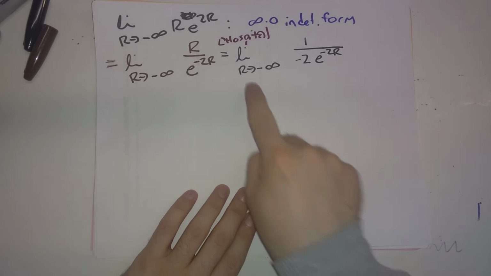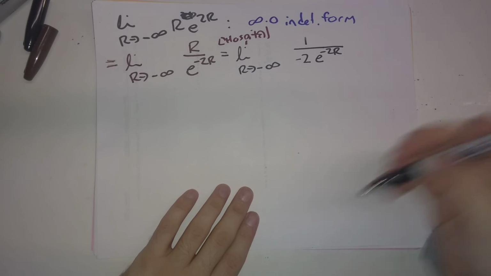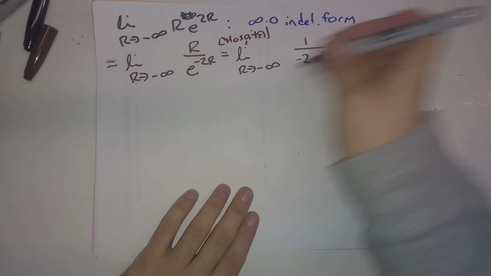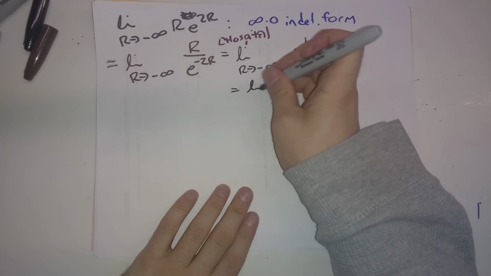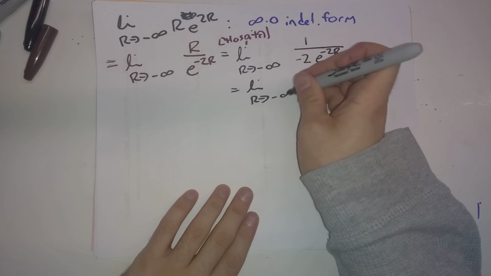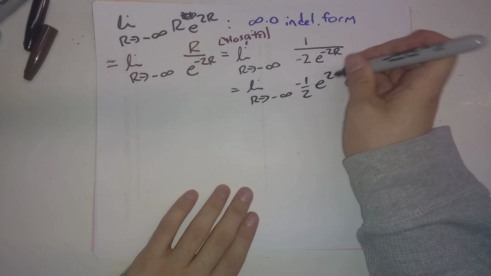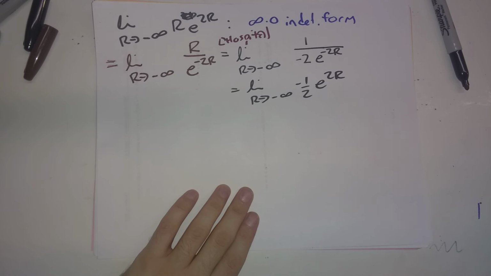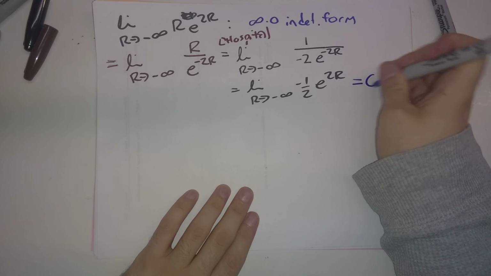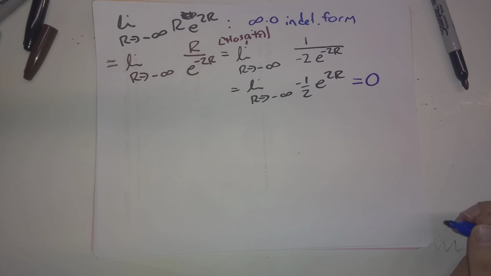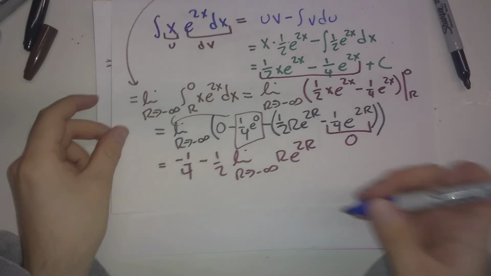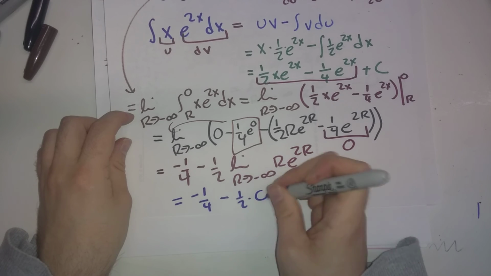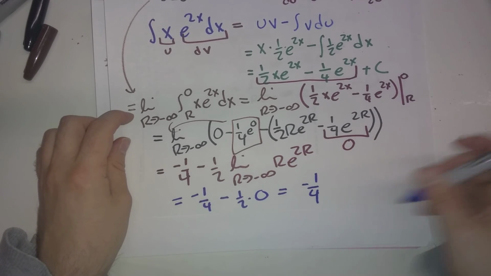So at this point then, we can go ahead and evaluate the limit. I mean, we want to move that back upstairs to make this more clear what's going on. That's not bad. But as r goes to minus infinity, e to the 2r goes to 0, this limit here is 0. So to bring back here, this ends up as minus 1/4 minus 1/2 times 0 is minus 1/4.